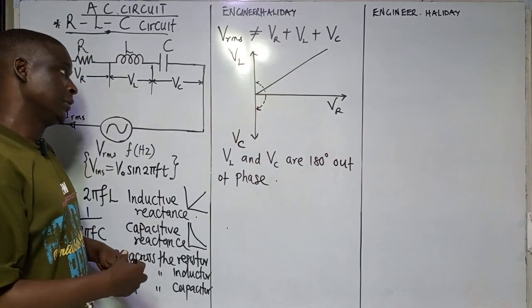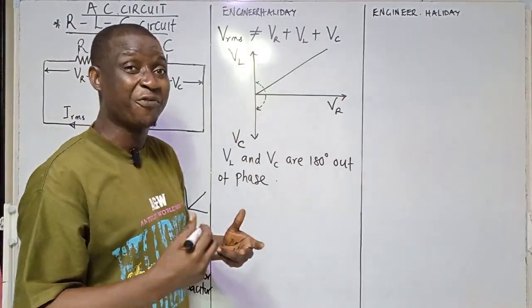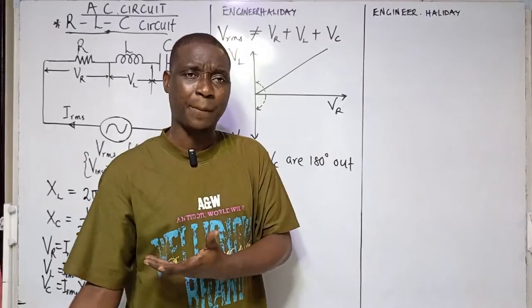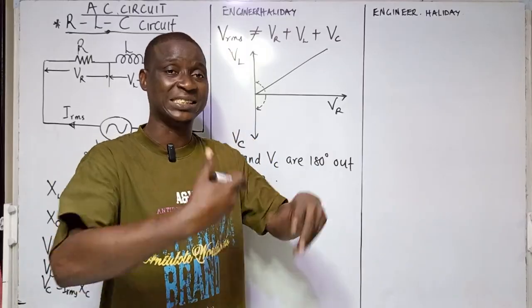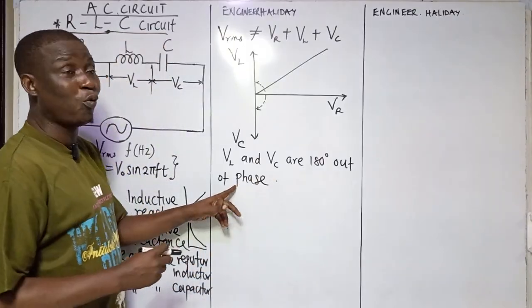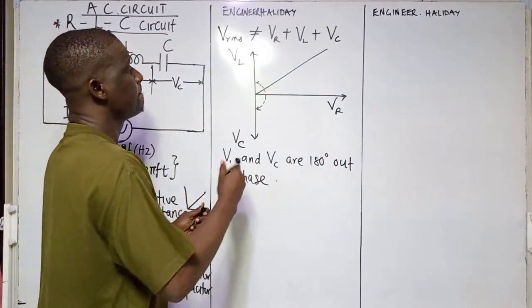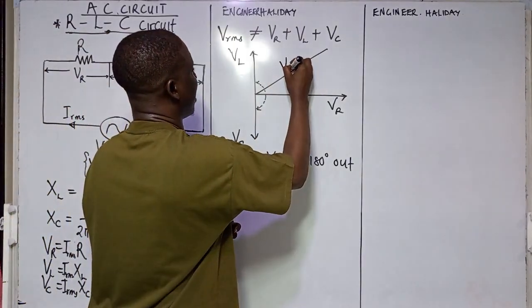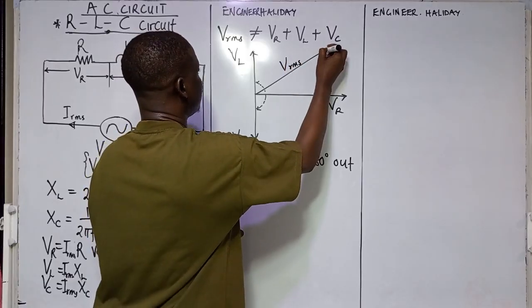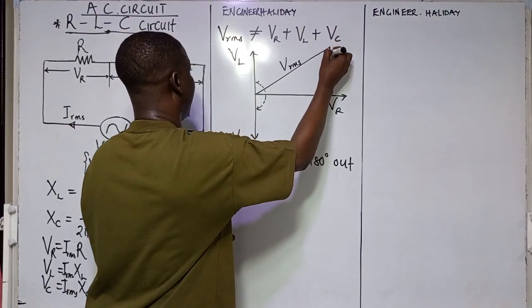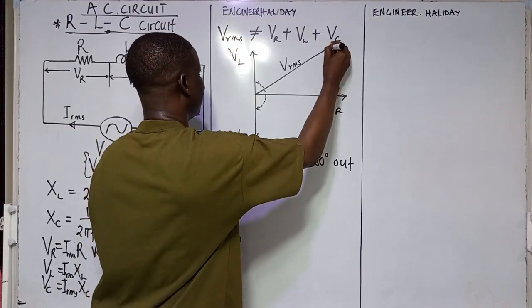You can see there, the angle on the straight line is what? The phase difference between capacitive voltage and inductive voltage is 180. Now, there is a voltage of the circuit, VRMS here, which is the resultant on the hypotenuse side.